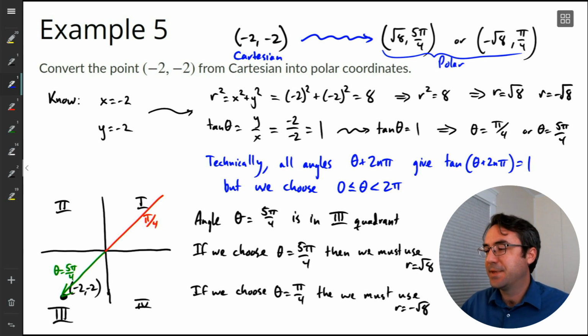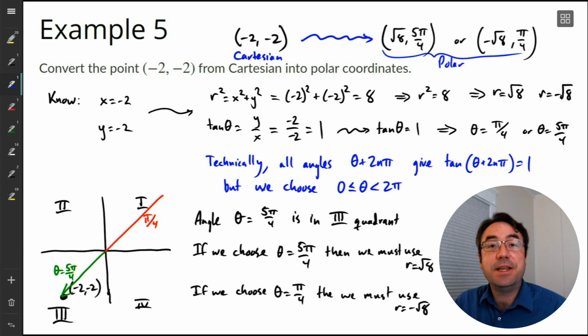All right. So that'll do it for our introduction into polar coordinates. So last time we discussed what the polar coordinate system is. We introduced the idea of these important angles around the unit circle.